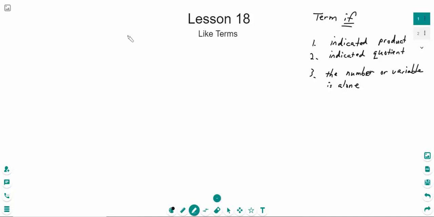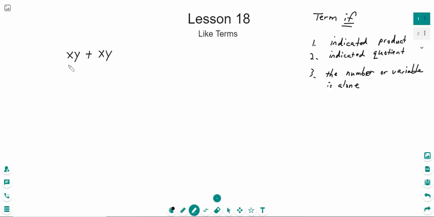For example, if I have a term such as xy, and I'm adding that to another term, xy again. Let's just use the same one.